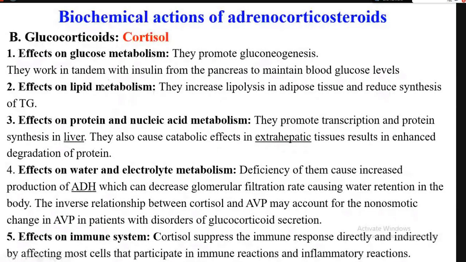This glucocorticoid hormone redistributes fat, meaning it collects fat from the peripheral part of the body and deposits it in the central part of the body, in the abdomen and in the neck. That's why there is buffalo hump in Cushing syndrome. Okay, buffalo hump because of that.